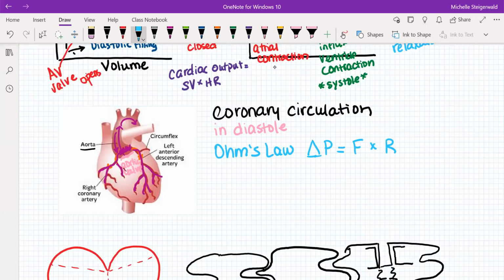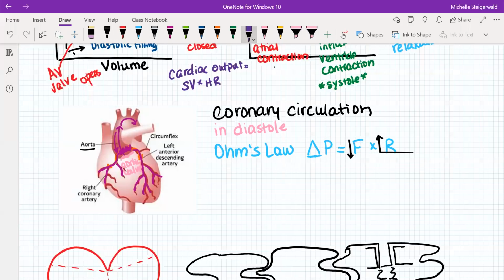When you have much smaller vessels, you've got more of that fluid that's in contact with the wall, and so you increase resistance. When you increase that resistance and you have more drag on the fluid, it makes sense that it would slow down the flow. So these are inversely proportional. If you increase your resistance, you decrease flow.